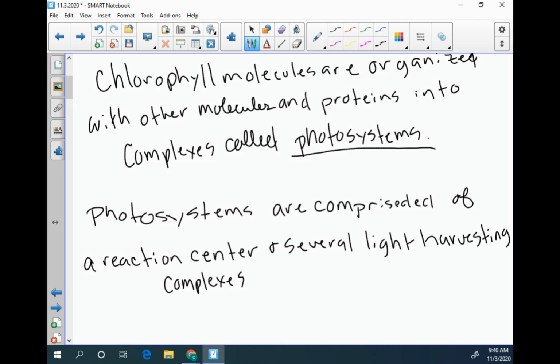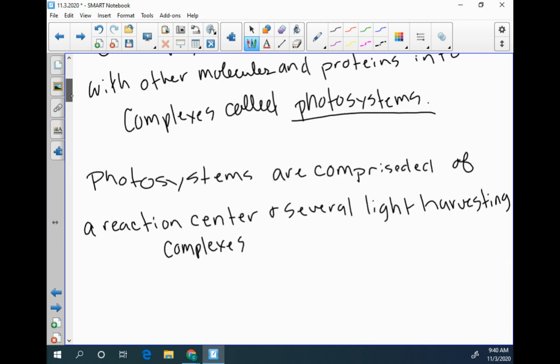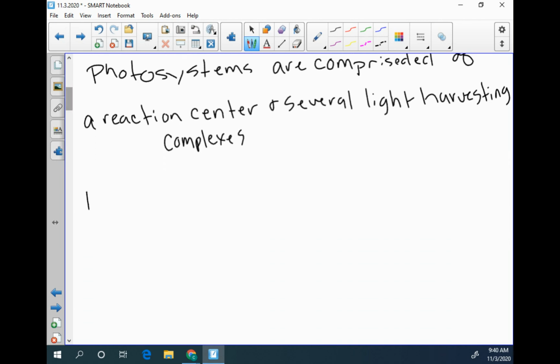So we're going to talk about how both of those work, starting with the simpler of the two, the reaction center complex.